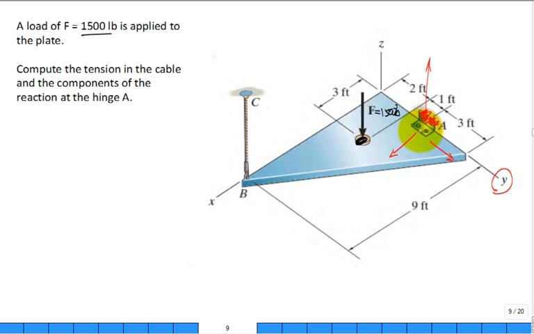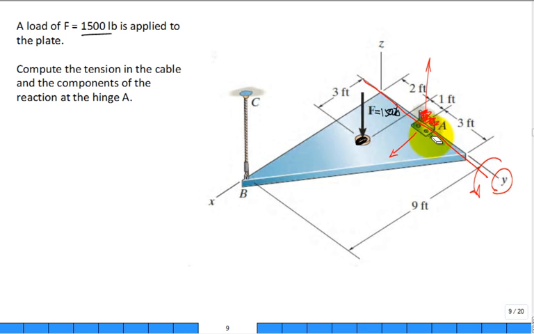Now, if I took this plate and tried to rotate around the y, what would the hinge do? It would allow it to rotate that plate along this y-axis freely. That's what a hinge does. It's like on a door. It allows the door to rotate.